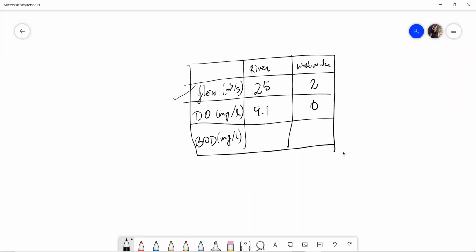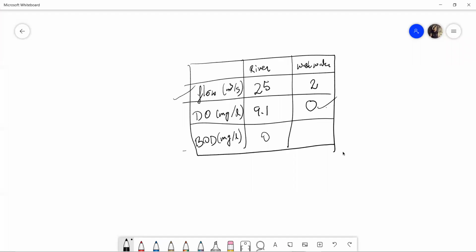Sometimes in the question they will not give you the DO of wastewater or the BOD of river. If they don't give it, you can consider it as 0 itself. Normally wastewater DO will be 0 and the river's BOD will be 0 generally.